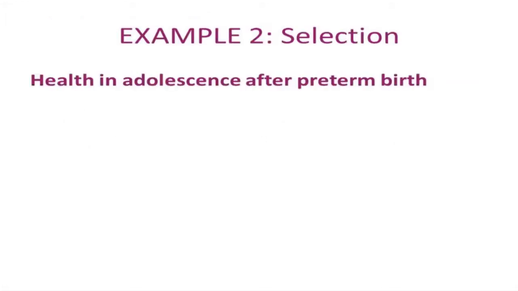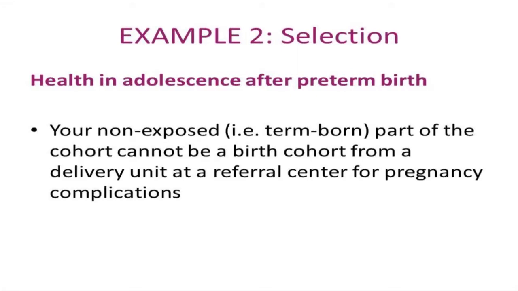And if we go back to our example of health in adolescents after preterm birth, your non-exposed cohort, those that are term-born, cannot be a birth cohort from a delivery unit at the referral center for pregnancy complications, for example, which might happen. If I was going to do this kind of study at Karolinska, I might, if I was doing this really badly, take my preterm-born subjects from my outpatient clinic at Karolinska and take the term-born subjects from the delivery ward at the same month at Karolinska.